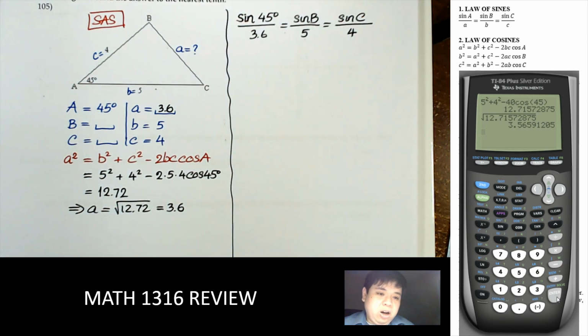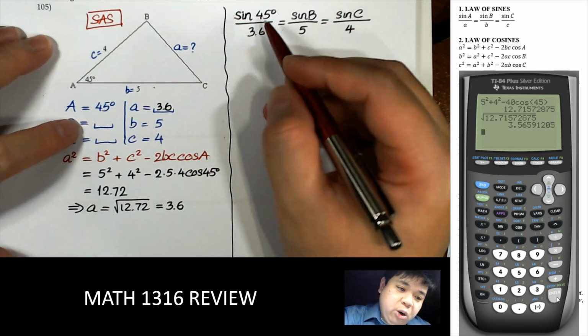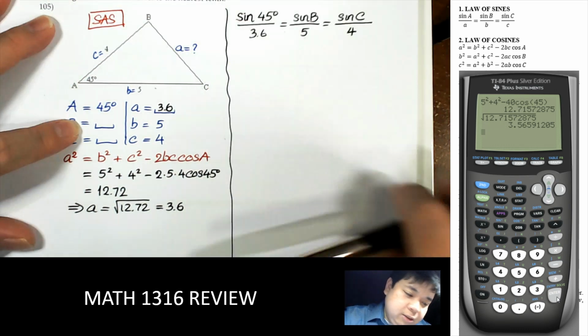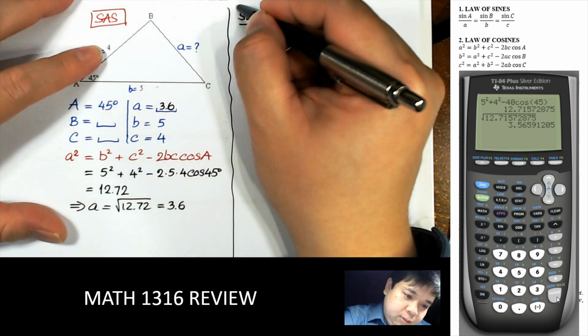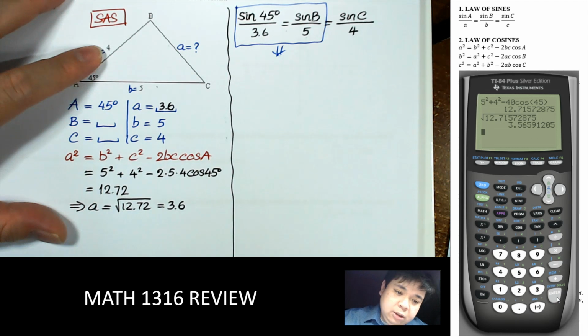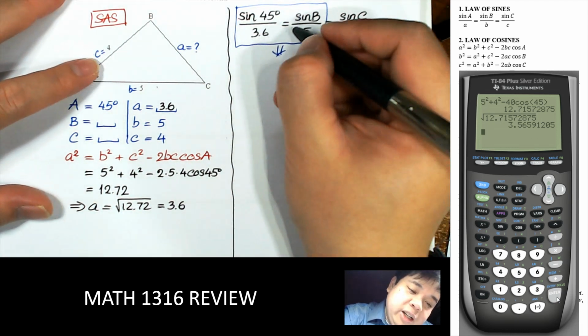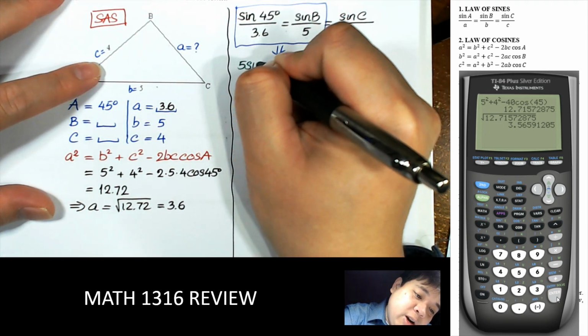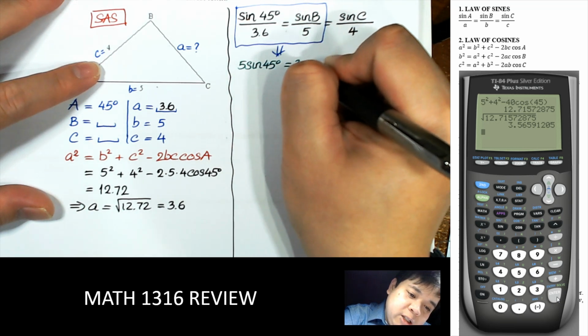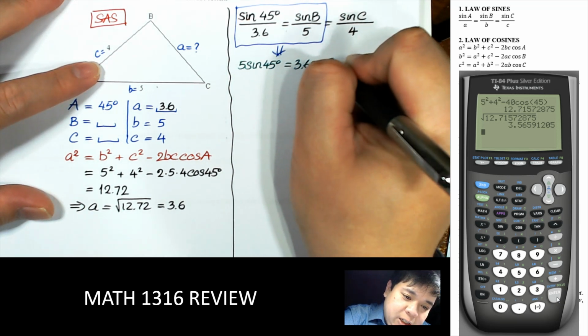Right, cross multiply, and that's easy. So we know this ratio, we should use this. Let's use green here. So 5 sine of 45 degrees equal to 3.6 sine of B.